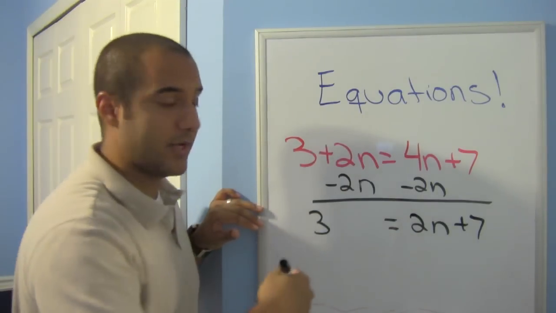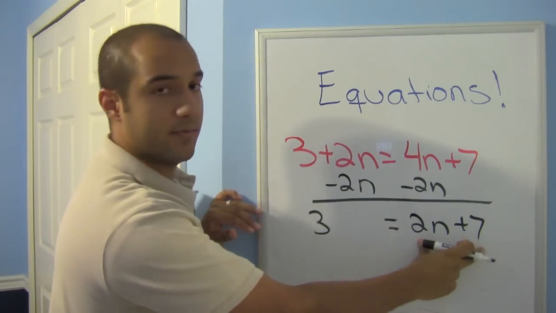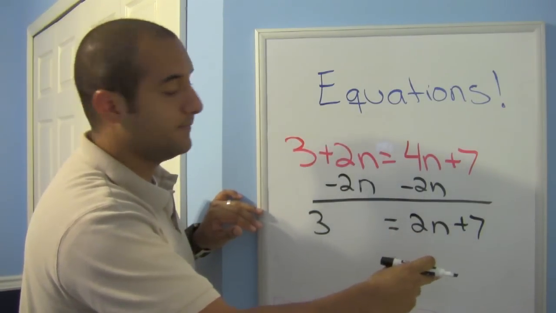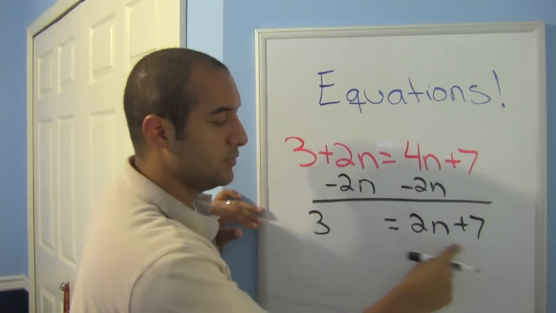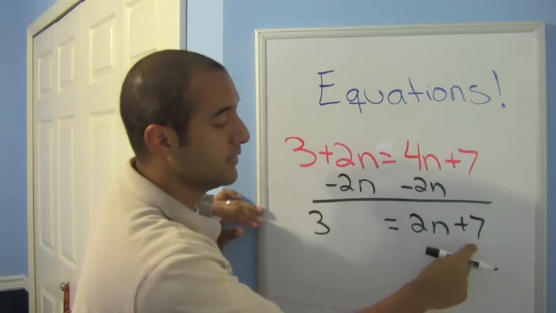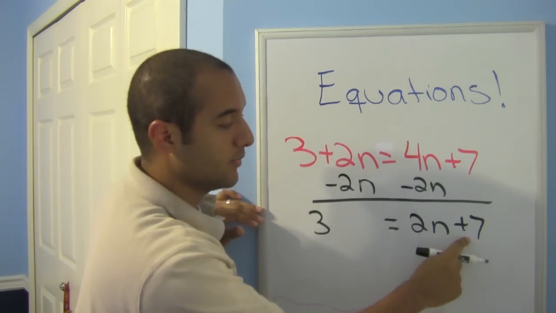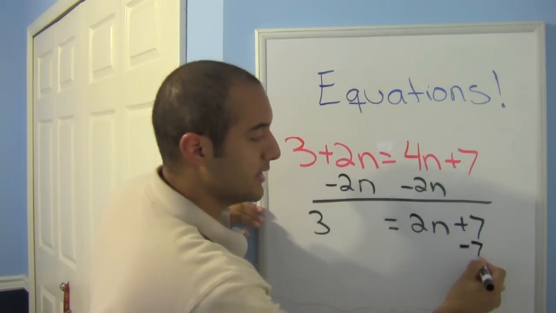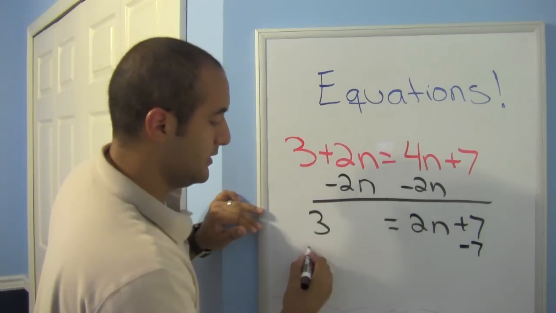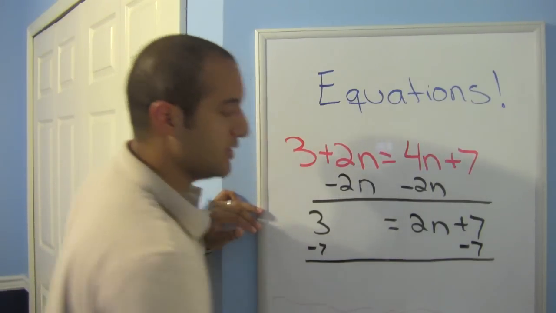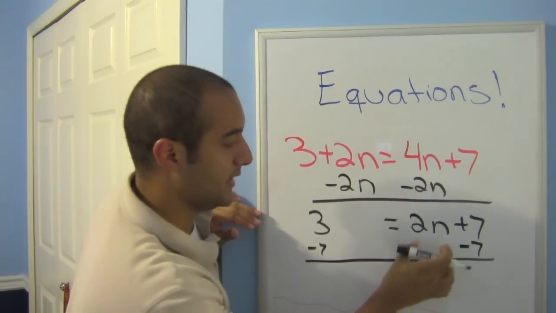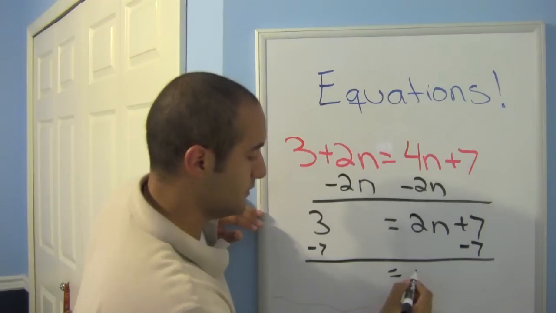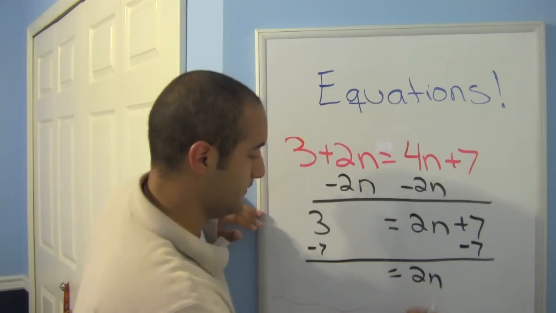So this is kind of like one of the ones we had before, but our variable's on the right side. It doesn't matter. So what I'll do now, I'll either get rid of the 2 or the 7. What I want to do is get rid of that 7. So plus 7, that's going to be a minus 7 on the right side. So keep your equation balanced. I didn't touch 2n, so I bring it down.